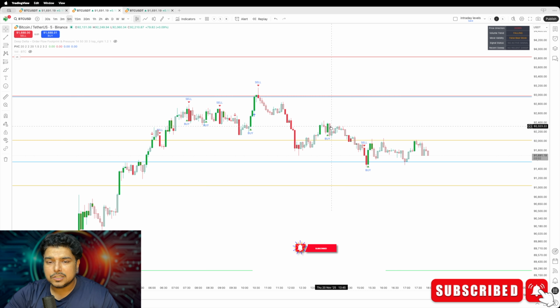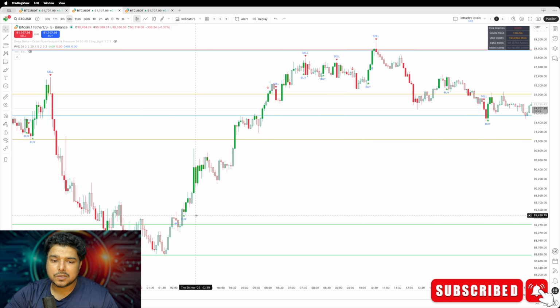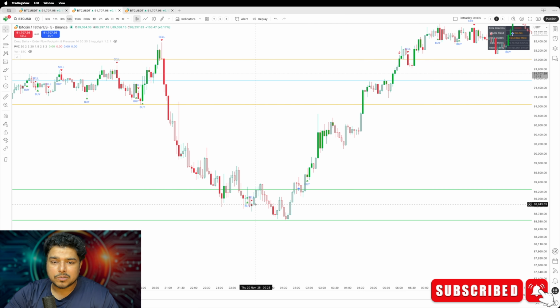In such cases, your SL would hit very less, very effective way of saving the money as well. And when you have a signal in your favor, then the risk reward ratio is pretty huge, right? This sell signal, you can look at it, this one you can look at it, and this was buy and sell all together by itself.